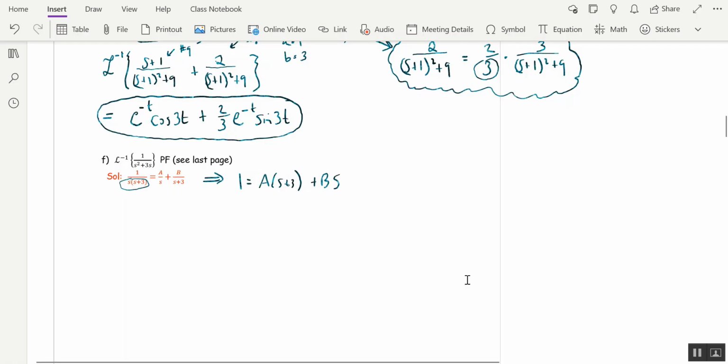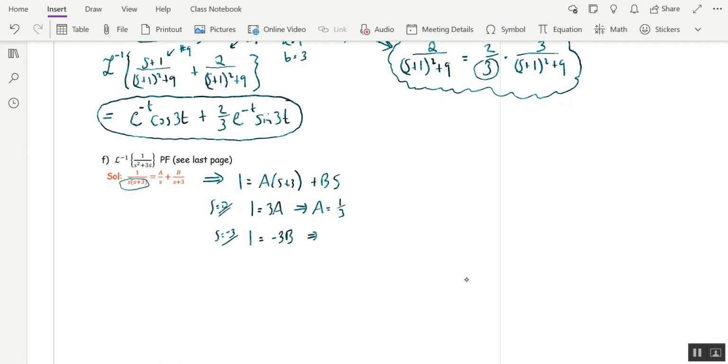All right, and then we pick convenient values of s. If s is 0, then I get 1 equals 3a. So now I know that a is a third. If s is negative 3, I get 1 equals negative 3b. So b is negative a third.